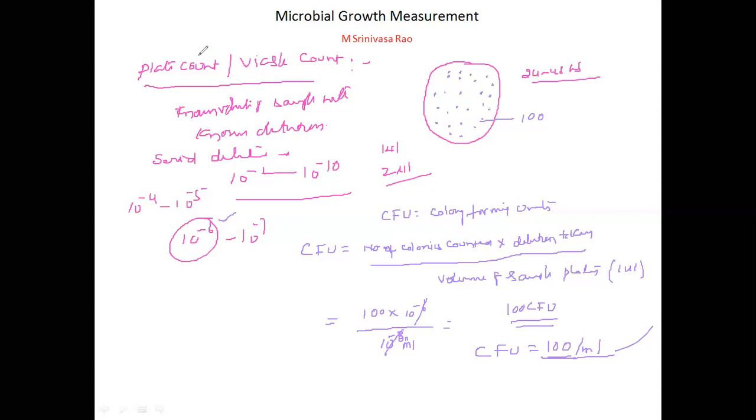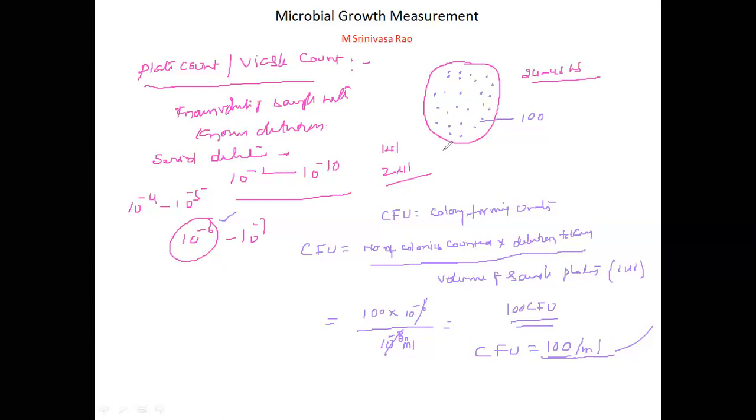It is one of the reliable and good methods to count the number of viable bacteria. Sometimes we can do the same for estimating microorganisms in water samples and some filterable samples. We use filter paper and filter the solution, and we take that filter strip and place it on the agar plate and count the number of colonies.